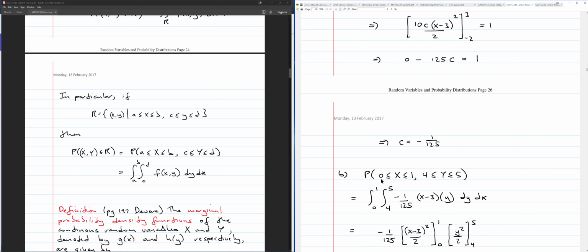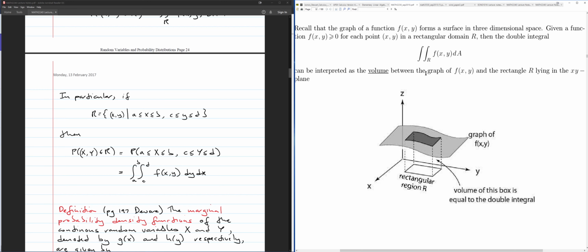What you want is the probability that the random variables x and y take values inside a region, and in this case, the region specified is a rectangular region, like such as this over here. So you want the probability that the values lie in this rectangular region.